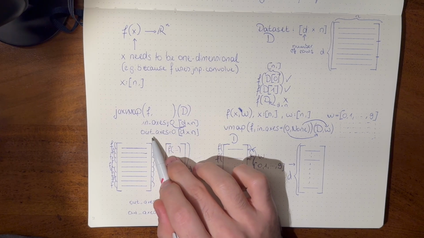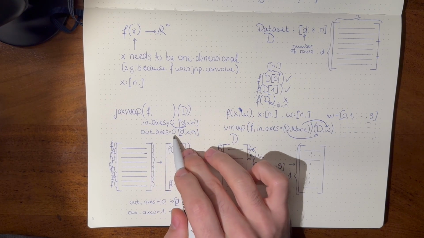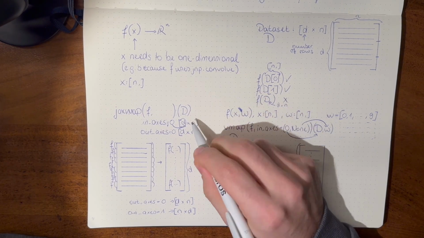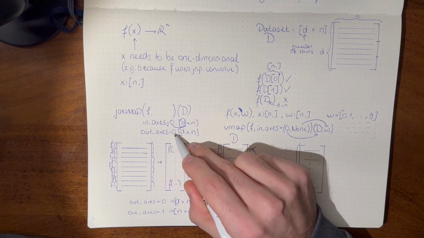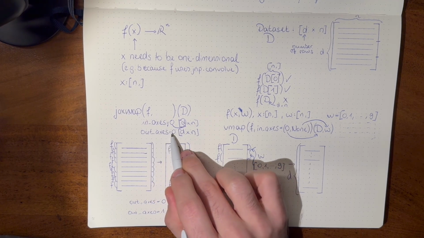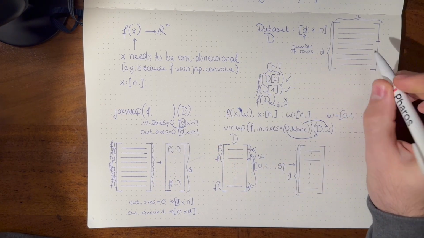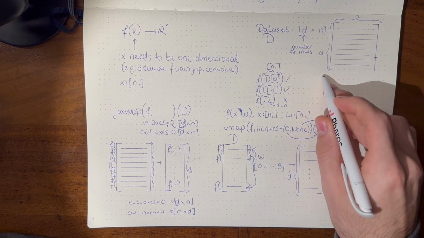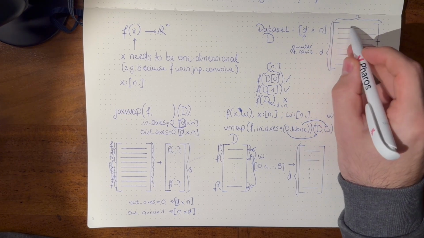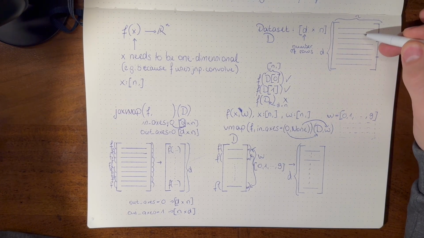And now out-axis says, where do you want to put that dimension? By default, it's 0, so it would put this dimension in the 0th position, right here. You could also say that the out-axis is 1. In that case, it wouldn't put the outputs across this dimension, but rather across this dimension. So the outputs would be columns of this matrix.